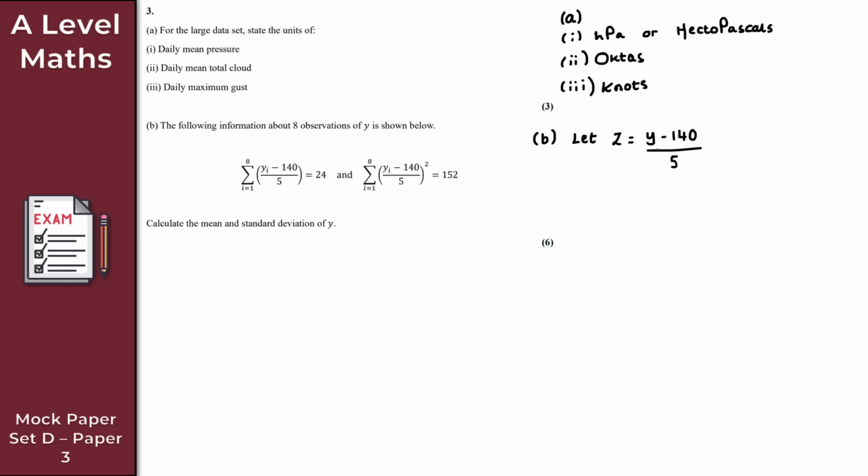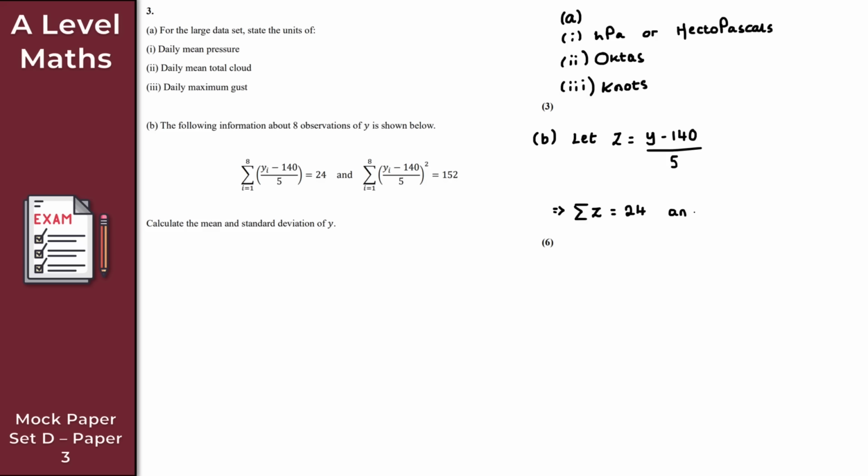So what I know here then is the sum of Z here from I equals 1 to 8 is 24. So let's make a note here. So what we know then is the sum of Z is equal to 24, because this is the summation here of Y I minus 140 over 5, which we've just replaced with Z. So sigma Z is 24.